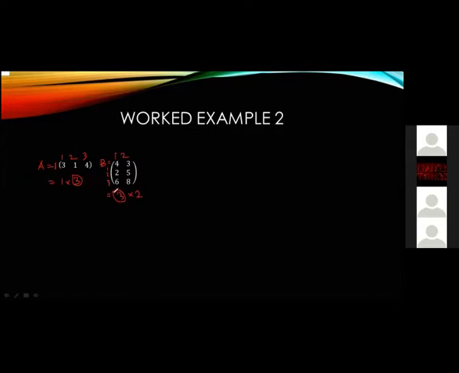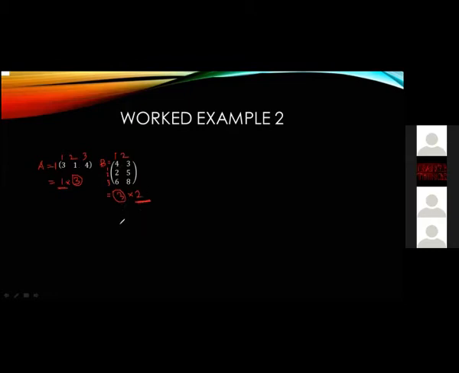Because these numbers are the same, we can multiply matrix A and matrix B. And for this number, this will be the result that we will get from calculating these matrices.